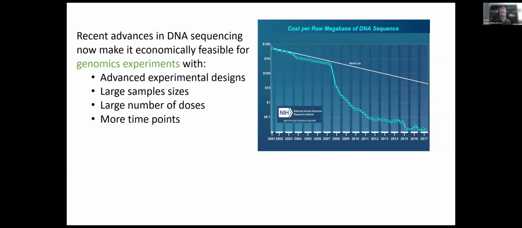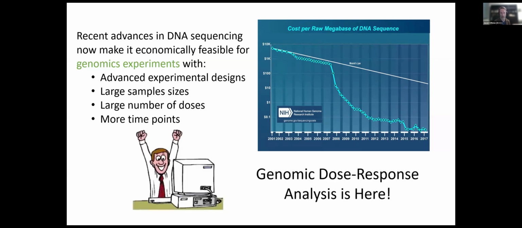Now we're down to doing whole transcriptomes for less than $50 a sample, and it just keeps going lower and lower. This allows advanced experimental designs, larger sample sizes, a larger number of doses, even different time points. And so this makes genomic dose response analysis economically feasible in a regulatory testing capacity.